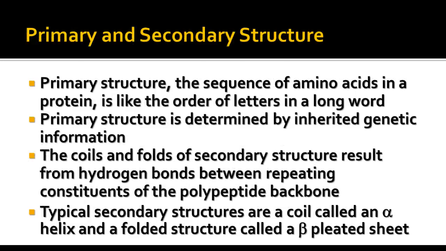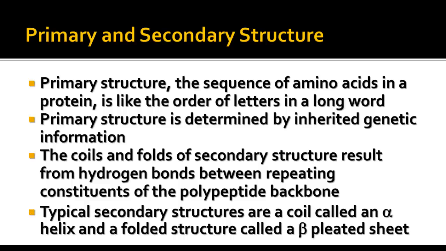So the primary structure is just like the letters in a word, and it's going to be determined by the genes that code for the sequence of amino acids in a protein. And then the coils and folds of the secondary structure are going to depend on hydrogen bonding that occurs between the parts of the polypeptide backbone.